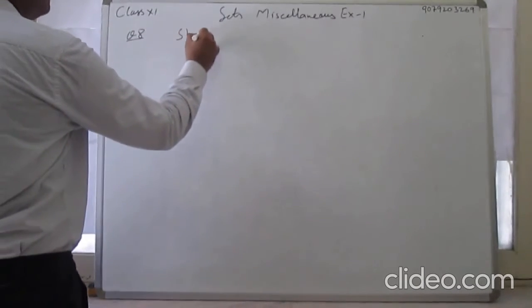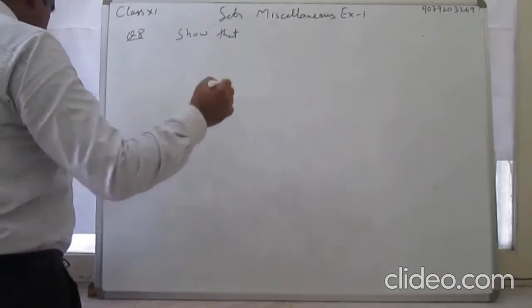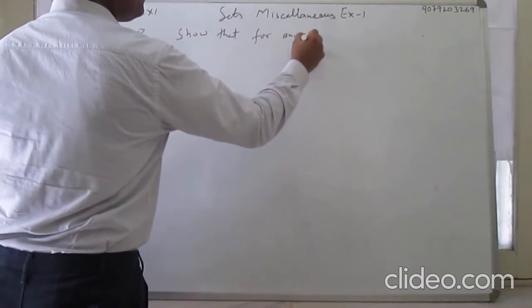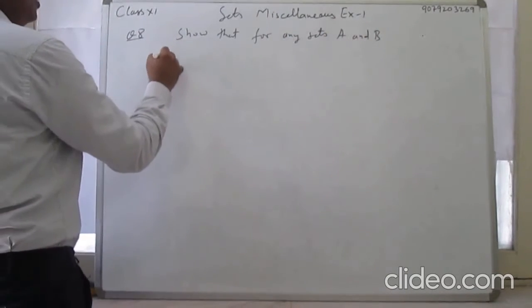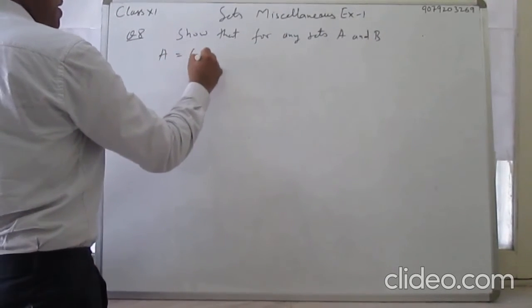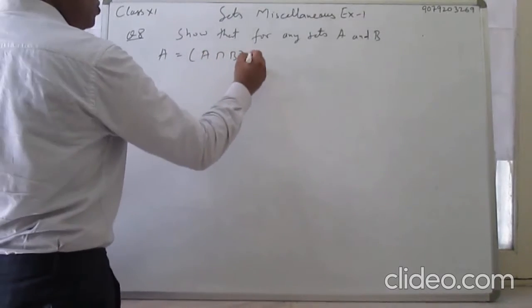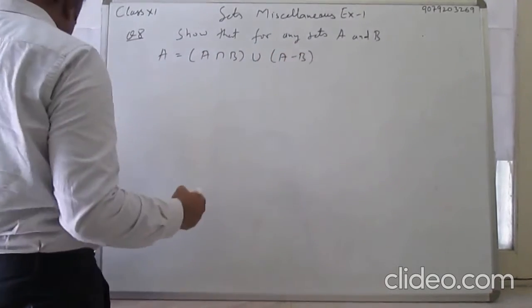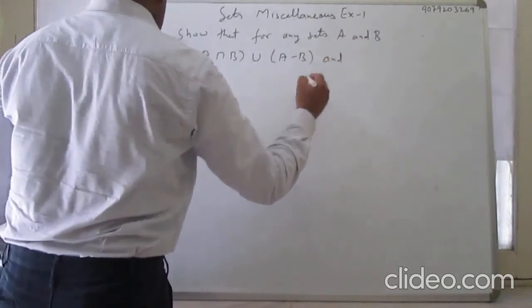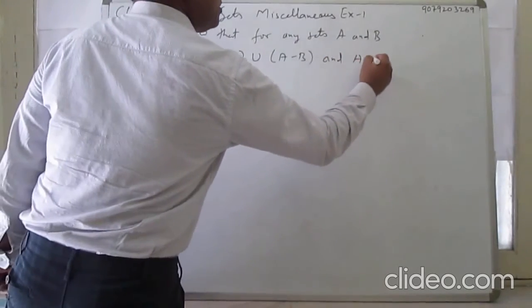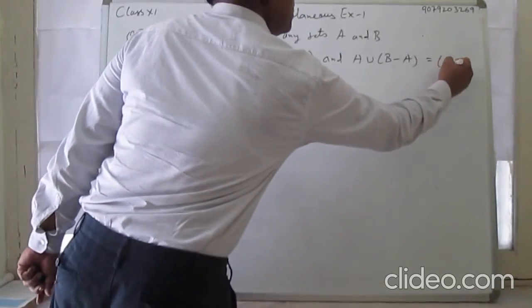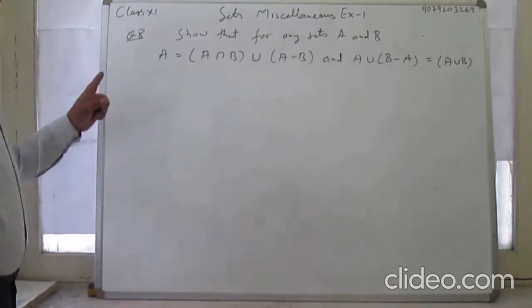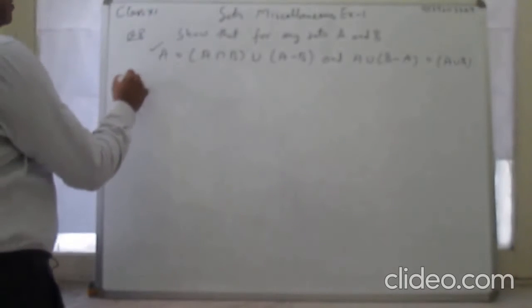Show that for any sets A and B, A is equal to A intersection B union A minus B, and A union B minus A is equal to A union B. You have to prove left hand side is equal to right hand side, or right hand side is equal to left hand side. I will take first part.